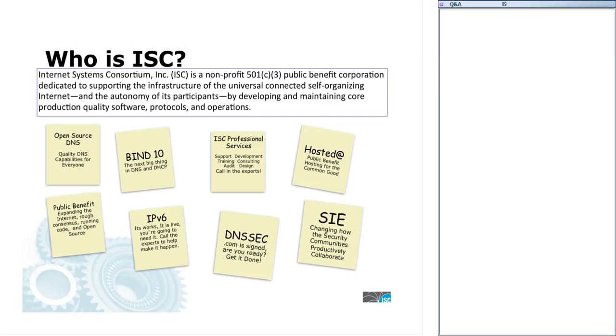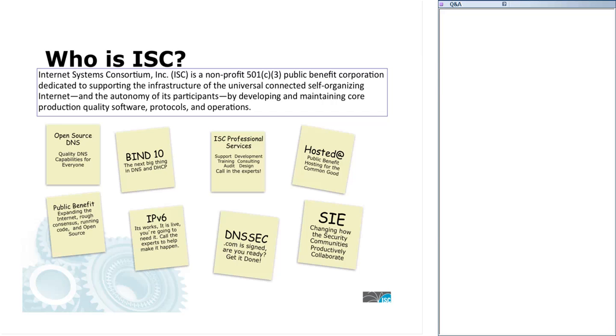We also have a DHCP implementation, ISC DHCP, that's quite widely used, and several other pieces of infrastructure software. And we are in the process of rewriting our DNS and DHCP implementations for the modern computing era.